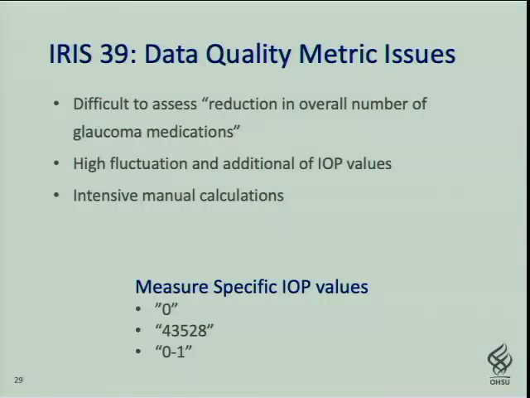So, for evaluating this metric itself, it's quite difficult to assess the reduction in overall number of glaucoma medications. If anyone's familiar with the medication section of the EHR, it's quite cluttered and difficult to assess, as sometimes patients don't know precisely what medications they're taking, or they may have stopped taking some, or they're just not taking it in general.